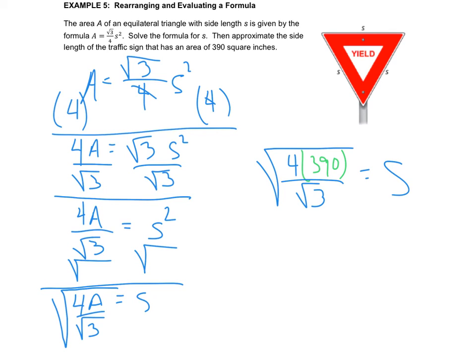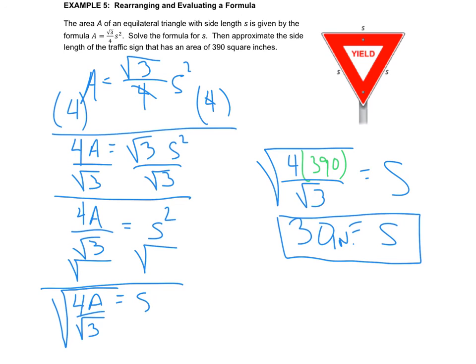Then I'm going to let my calculator do the job for me. So what I'm going to do is multiply 4 times 390 divided by the square root of 3. Once I have that, I simply take the square root, and the answer is approximately 30.